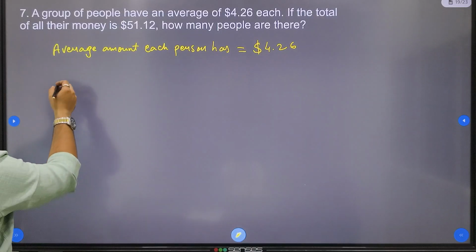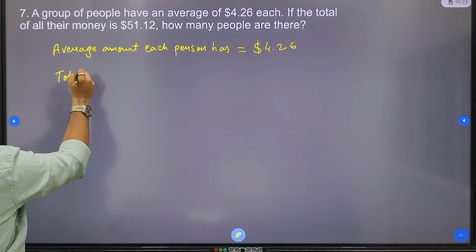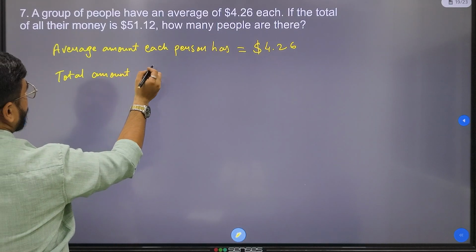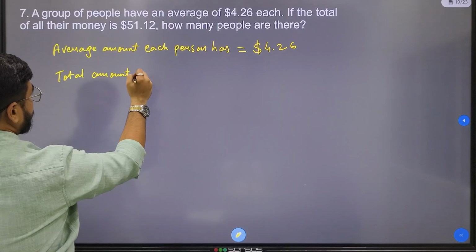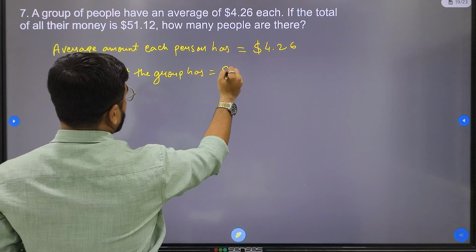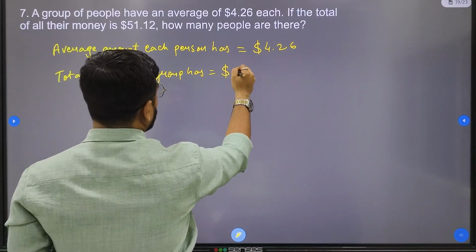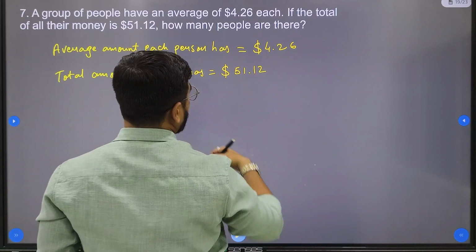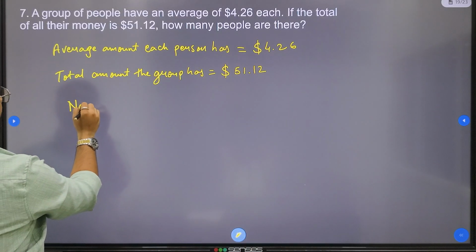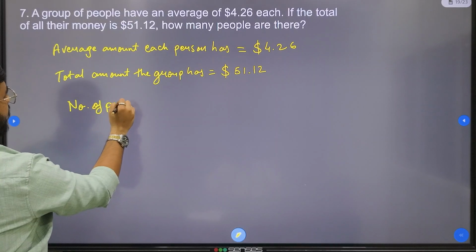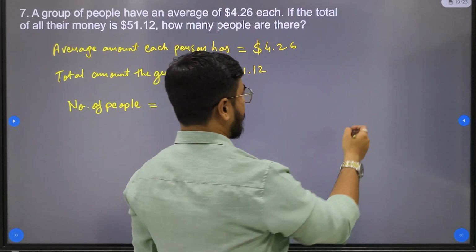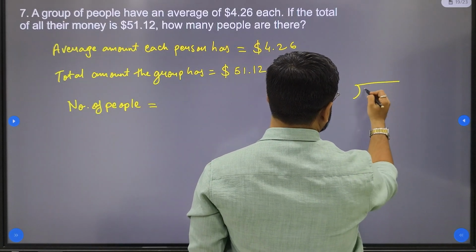The total amount the group has is $51.12. So what do we want to look for? Number of people in the group. So let's do the division.